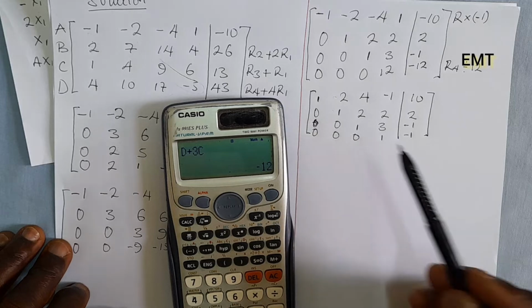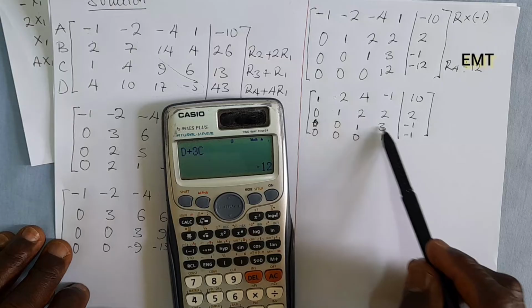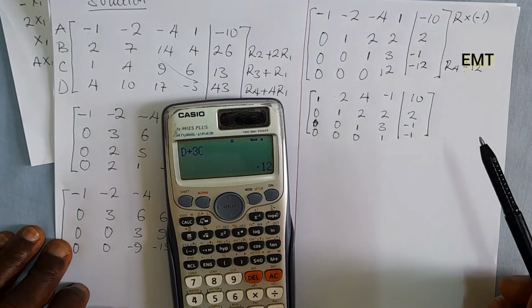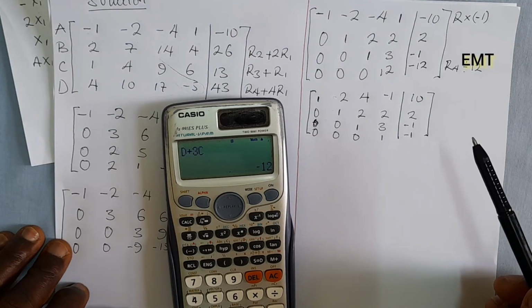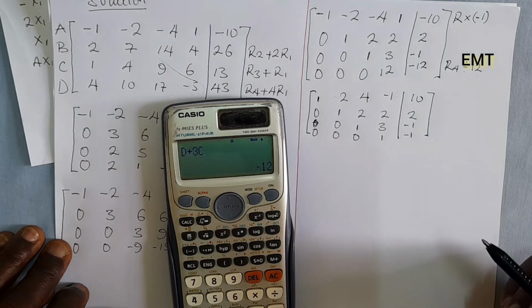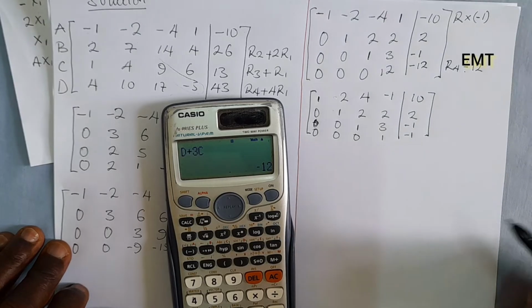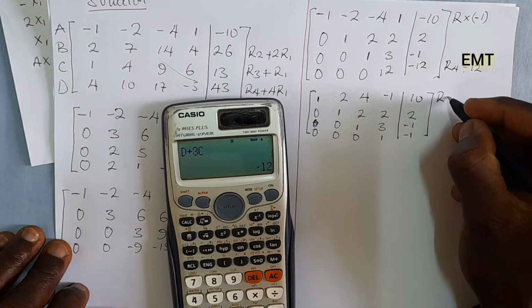Our zeros down here are also obtained, but then the upper part of this matrix, which is the upper triangular matrix, also has to be zeros. How do we do that? Now we have to start from this column 4. So we take row 1, we add it to row 4.